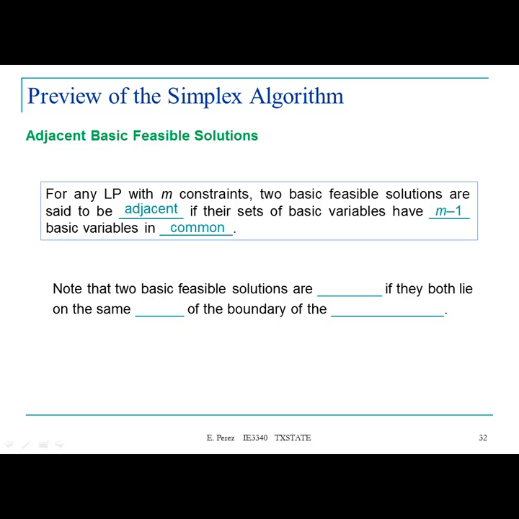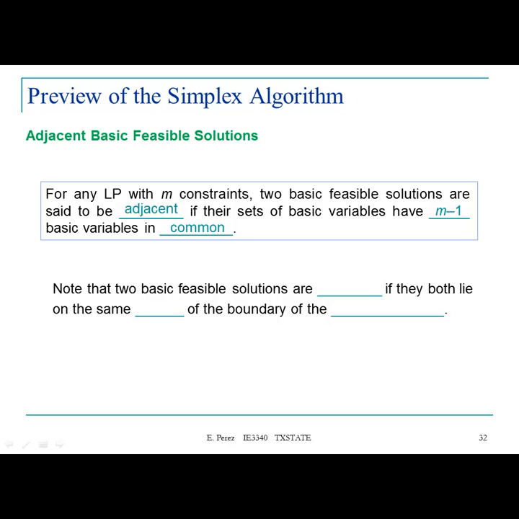So if you look at the basic variables for your basic solutions, and you find that they have all but one of those variables in common, that means that they are somehow close. Meaning that if you are at this point, and you're sharing the decision variables or the basic variables, then that other point will be here or here. Okay? So that's what this is telling you.